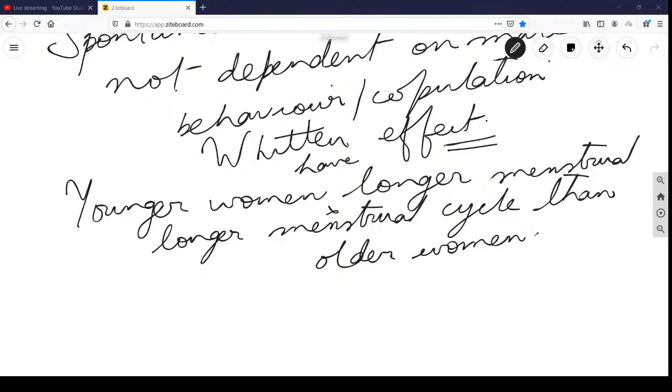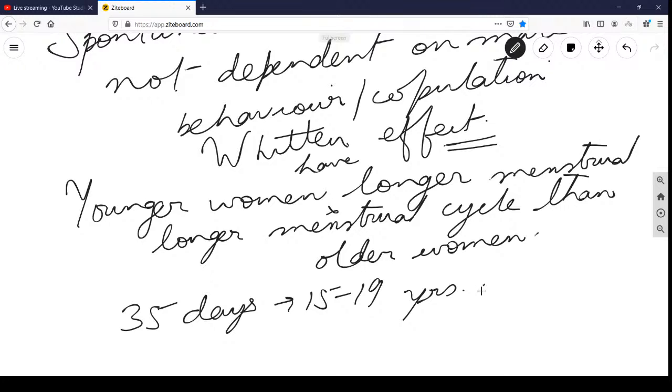For example, the average length of the menstrual cycle is 35 days in 15 to 19-year-olds.